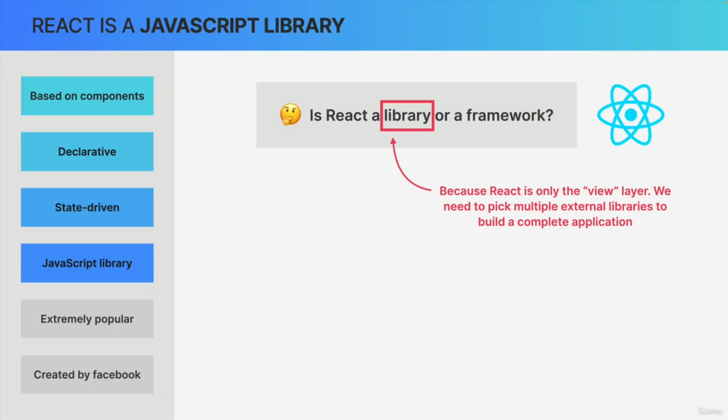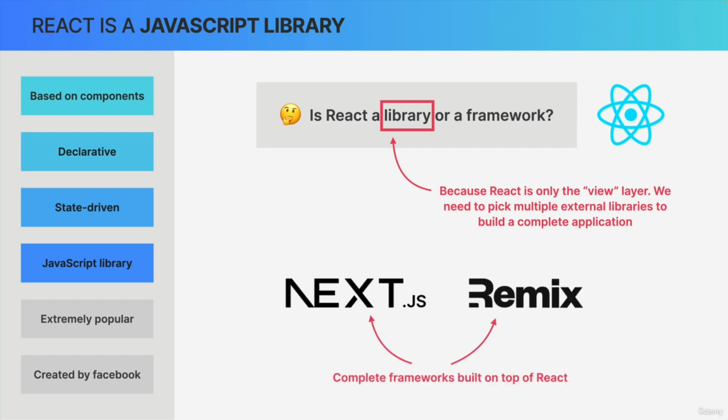So if we want to build a complete real-world application, we need to choose multiple external libraries to add to our project, for example, for routing or for data fetching. Now, to address this, there are actually multiple frameworks that have been built on top of React. So frameworks that include all these functionalities that React is missing out of the box. And the most popular ones are called Next.js and Remix. But again, more about all that later in the course.